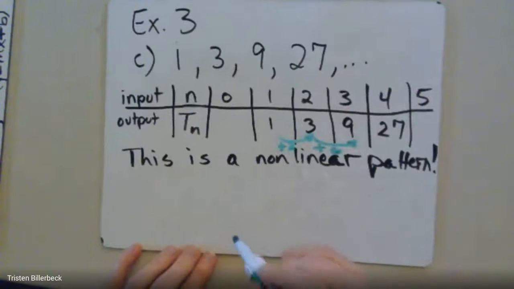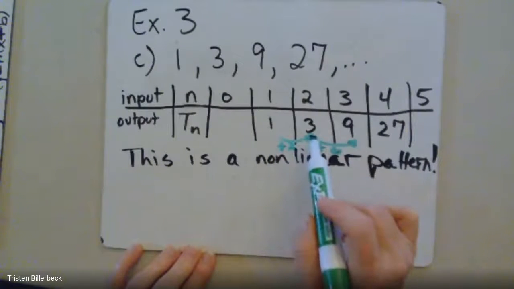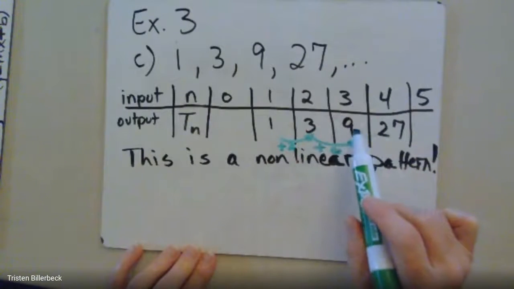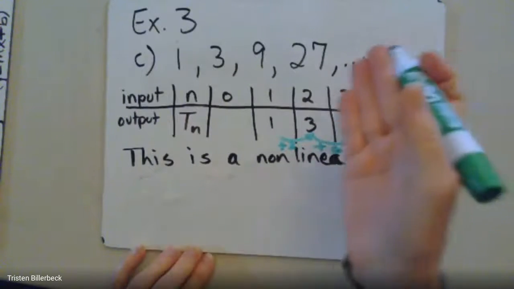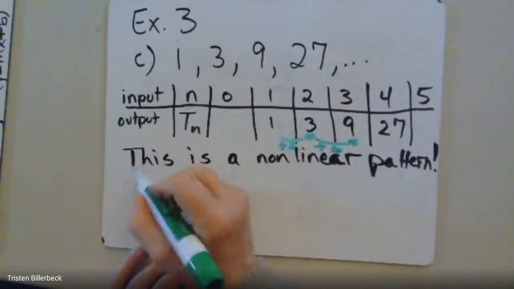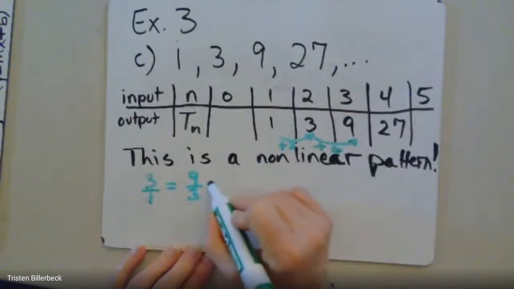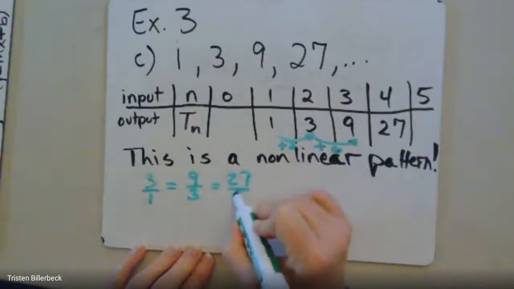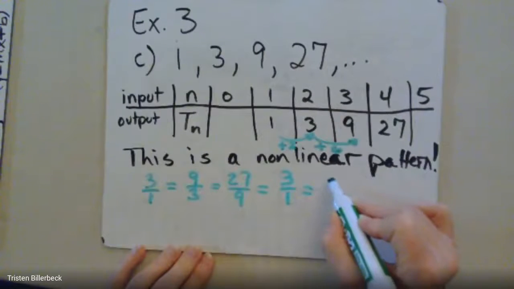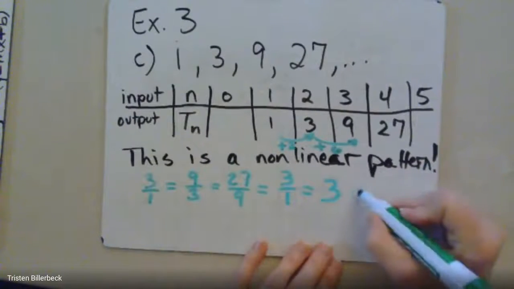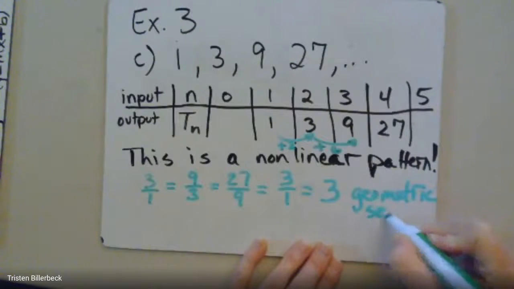Now, one of the tricks you can do if it's not linear is just look at it and ask: 1 times what is 3? 3 times what is 9? 9 times what is 27? So if we can do the next term over the previous term, 3 over 1, and that equals 9 over 3, and that equals 27 over 9, which all happen to equal 3 over 1, which is just 3, then we have a geometric sequence.